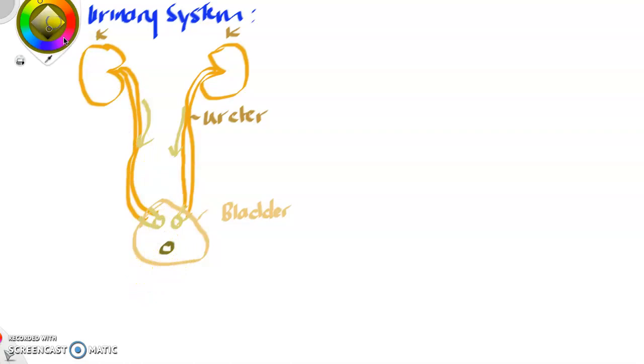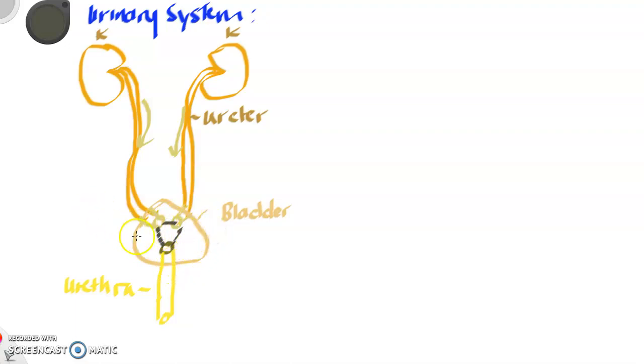And the exit tube, of course, is called the urethra. Okay, and if you look on this thing and you draw little lines from these holes and connect them, it looks like a triangle. And this thing is called the trigone. This area of the holes where the urine comes in and the urine comes out.